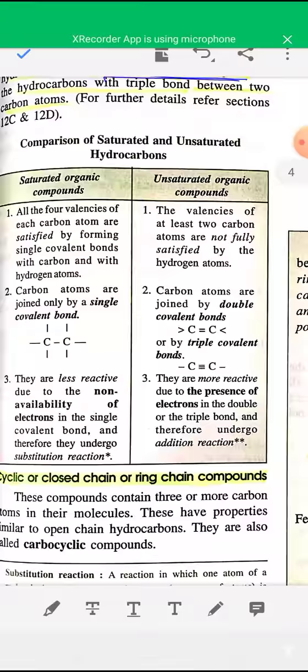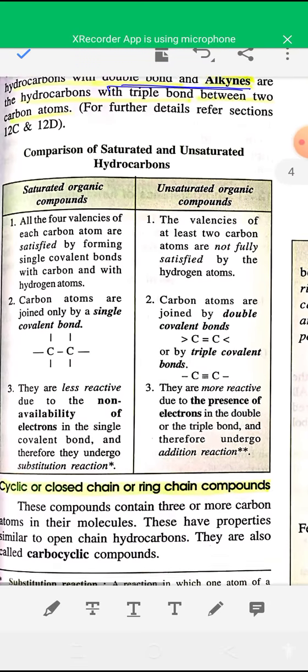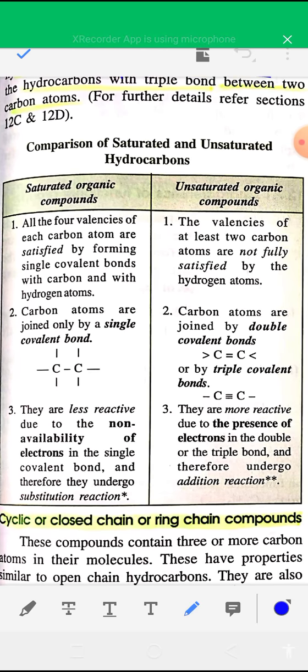The difference between saturated and unsaturated hydrocarbon is given, you can see. In saturated hydrocarbon, all four valencies of carbon atoms are satisfied by forming single covalent bonds. But in unsaturated hydrocarbon, the valency of at least two carbon atoms is not fully satisfied by hydrogen atoms. In saturated hydrocarbon, carbon atoms are joined only by single covalent bonds.